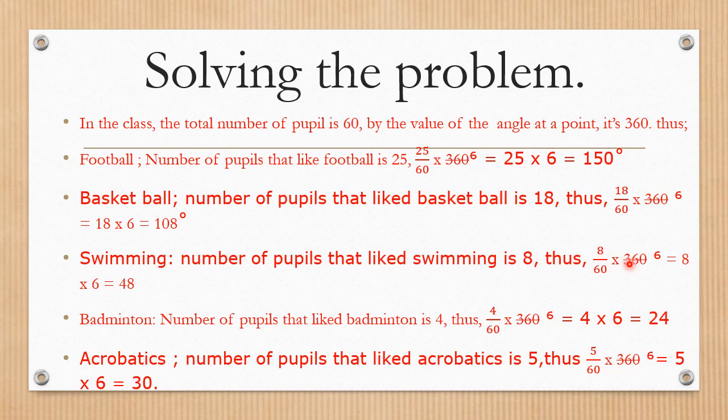Then we go to the game badminton. The number of pupils that like badminton is 4. Thus, 4 divided by 60 times 360, the sum of angles at a point.